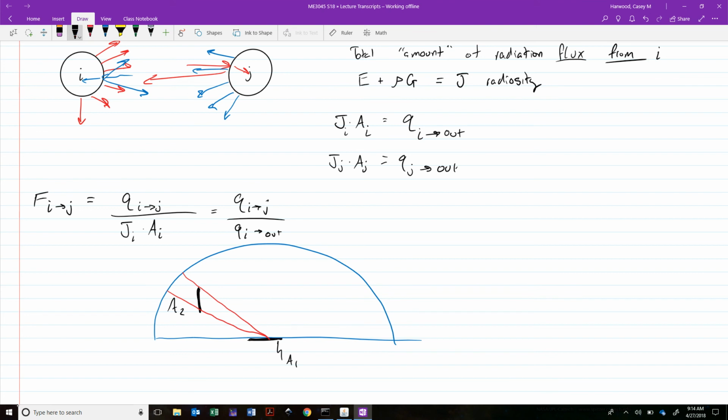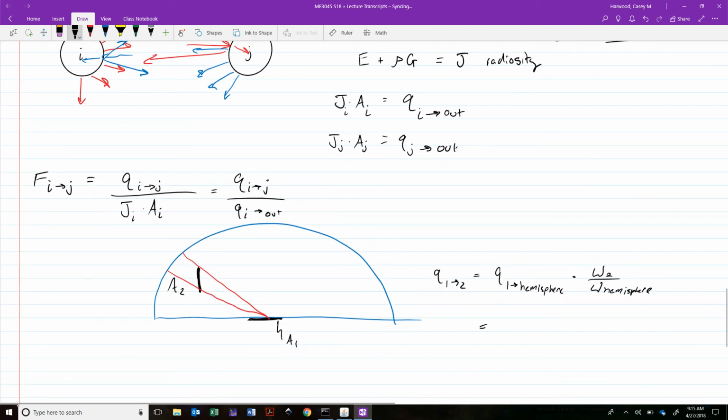And so we ended up saying that Q from 1 to 2 was equal to Q of 1 to this hemisphere times the angle subtended by 2 over the angle subtended by the hemisphere, which ended up being, I don't remember the numbers off the top of my head.